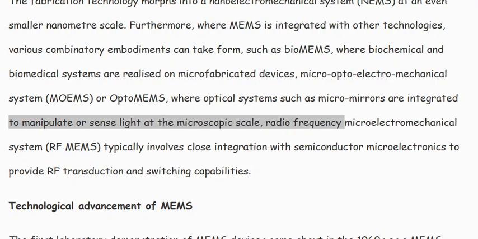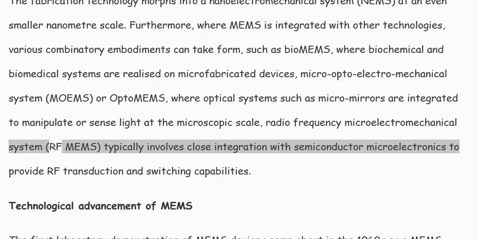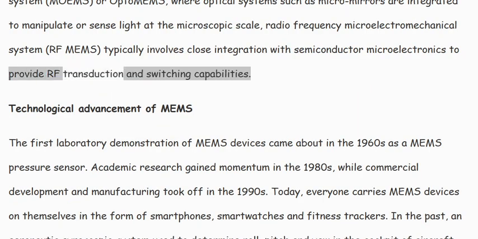Radio frequency microelectromechanical system, RF MEMS, typically involves close integration with semiconductor microelectronics to provide RF transduction and switching capabilities.